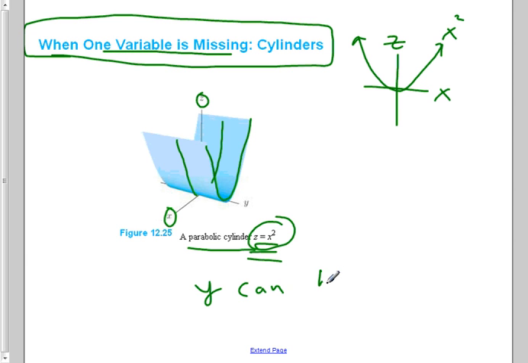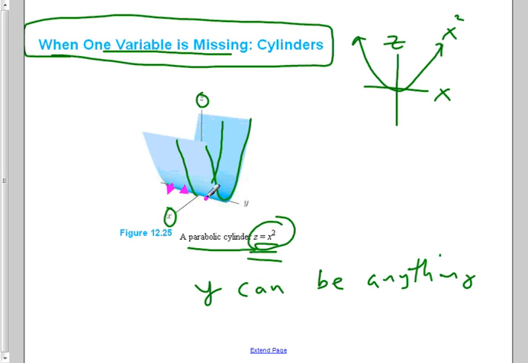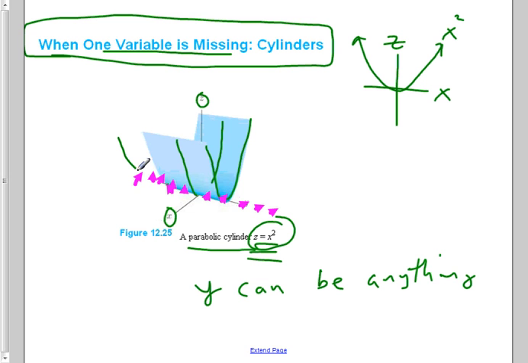Y can be anything. So no matter what y value you select, anywhere along the y-axis, what you'll get is a parabola that looks like this in the xz direction. And that makes this parabolic cylinder.